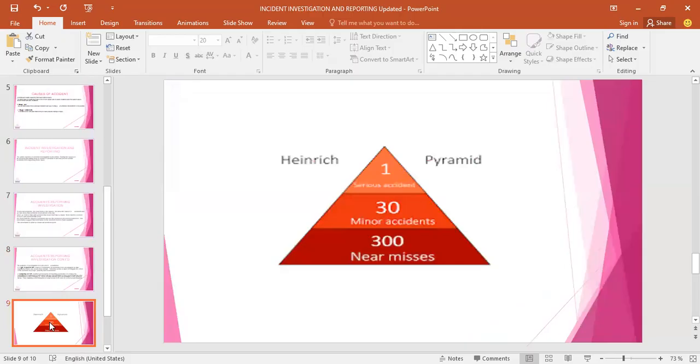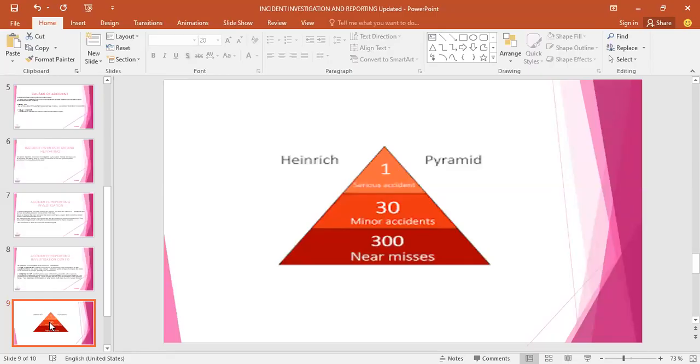At a glance, we can see this triangle that shows us the statistics: near misses, minor accidents, and serious accidents. So it is established that when you have 300 near misses, the thing that made 300 near misses occur has the potential to cause 30 minor accidents.